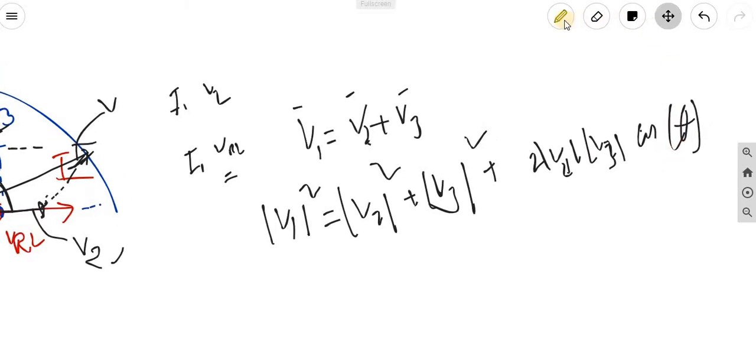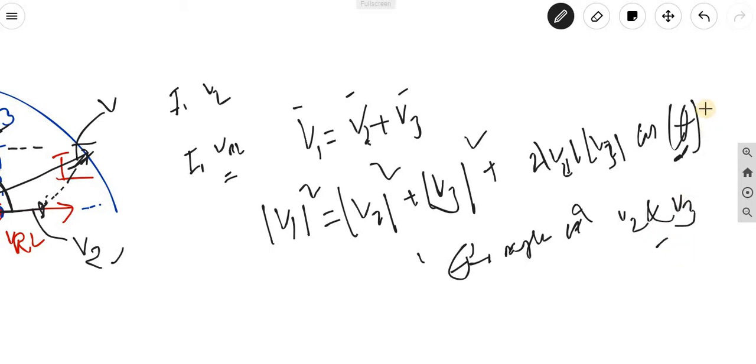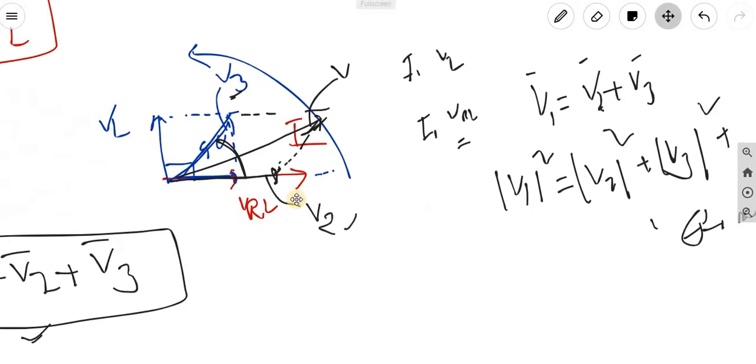This theta is nothing but the angle between V2 and V3. Okay, theta is the angle between V2 and V3. Clear?